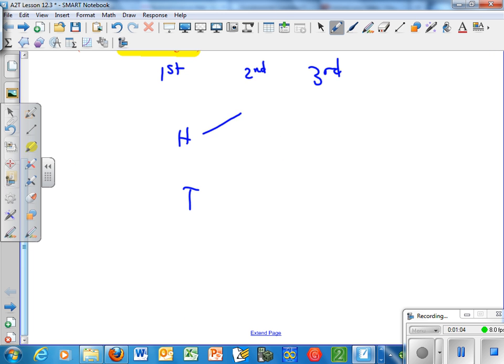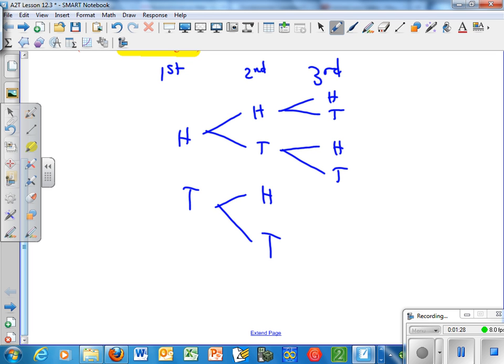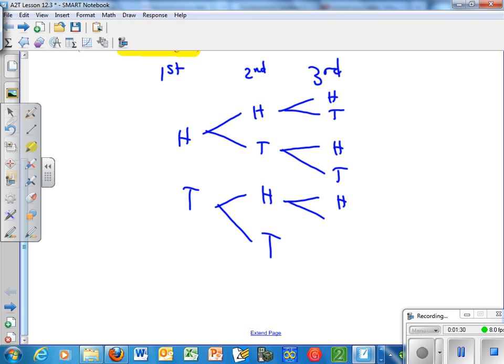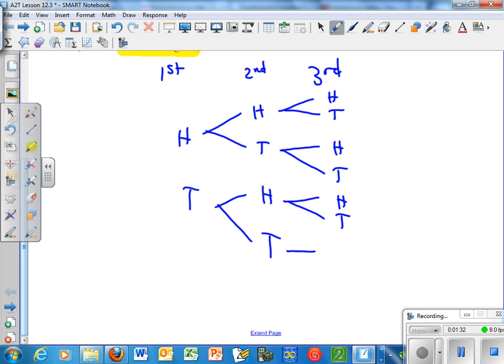If I get a head on the first one, 2 possibilities on the second one, a head and a tail. Let's do the same here. If I had a tail on the first one, a head and a tail. And then on the third one, I'm going to have branches off of each of these with a head or a tail.